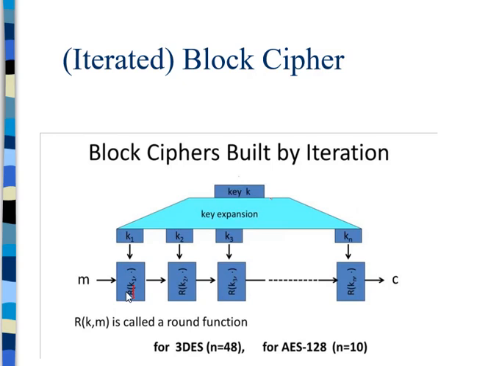This function takes one of the round keys and the current state of the message, for instance here M1, here M2, here M3, as input.